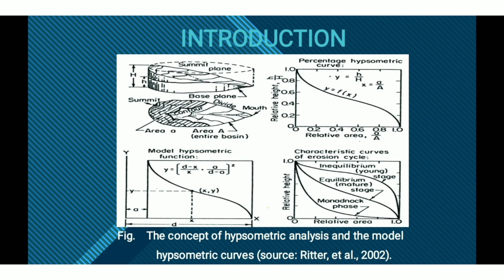This figure shows the concept of hypsometric analysis and the model hypsometric curve. Here it shows a distribution of area at different elevation in percent. In the hypsometric curve, relative area is on the x-axis and relative height on the y-axis. Characteristic curves are shown for youth, mature and old stage basins.